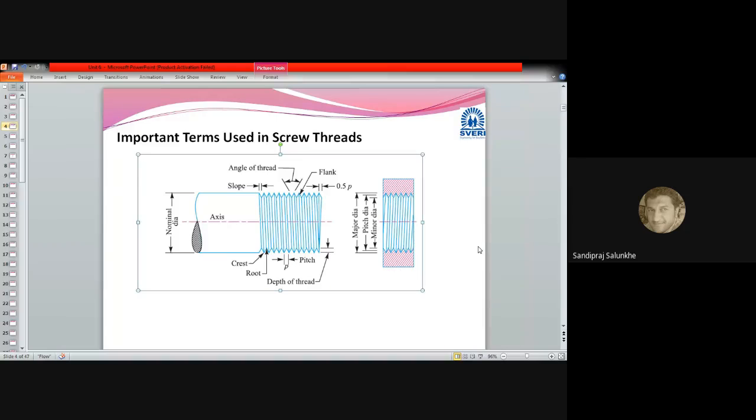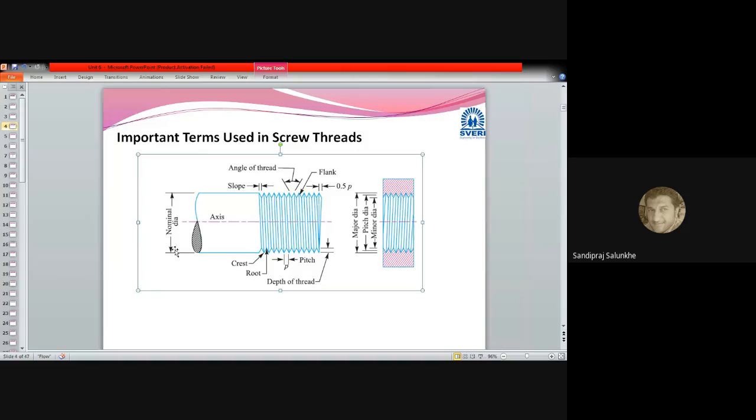Again, in V threads, there are also different types, depending upon the angle which is provided. Then British threads are there, or high standardization which is used for the threads. Then in case of square threads, again there are different types based on the helix angle which is provided to the square threads. Now we are assuming here simple V threads, and we are going to see the terms which are used. Some of these terms may be common for the square and V threads.